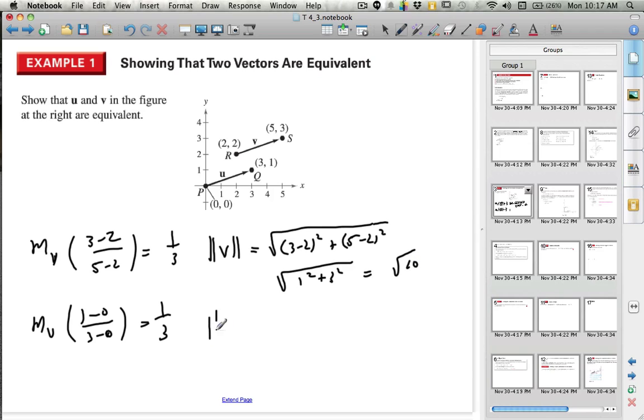And if we take a look at the magnitude of u, that's going to be the square root of 3 minus 0 squared plus 1 minus 0 squared. That's also the square root of 10. So these are indeed equivalent because they have the same slopes and the same magnitude, right? And you see they're both moving in the same direction.